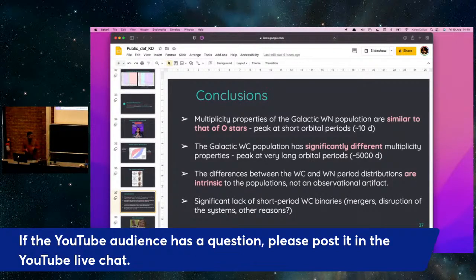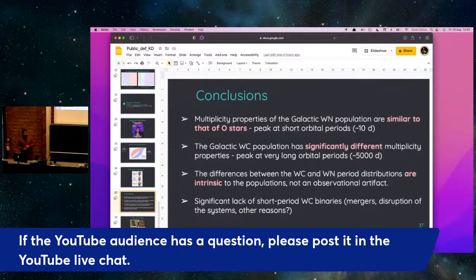But then a lot of modeling, stellar evolution modeling, especially in the 80s, 90s, and early 2000s, showed that in order to get a WC, you need to pass through the WN phase. So then the WNs and the WCs are definitely linked.